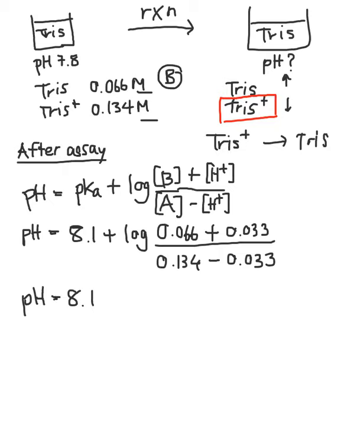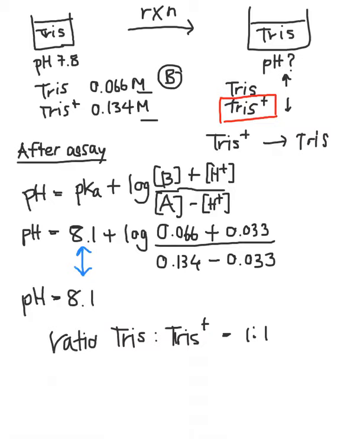One thing to notice from this question is that when you run the reaction, your final pH is 8.1, which is equal to the pKa. So what does that mean? That means that at this pH, the ratio of Tris base and Tris acid will be 1:1, right? So it will contain half Tris base and half Tris acid.